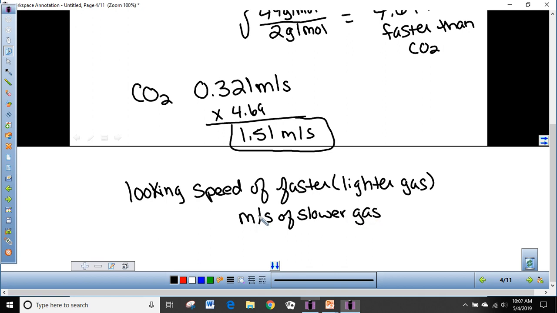So always start with the meters per second, and you're going to multiply by the answer to Graham's law. I'm just going to put GL, answer to Graham's law. So that's what I did. I took the meters per second and I multiplied by the answer I got from Graham's law.